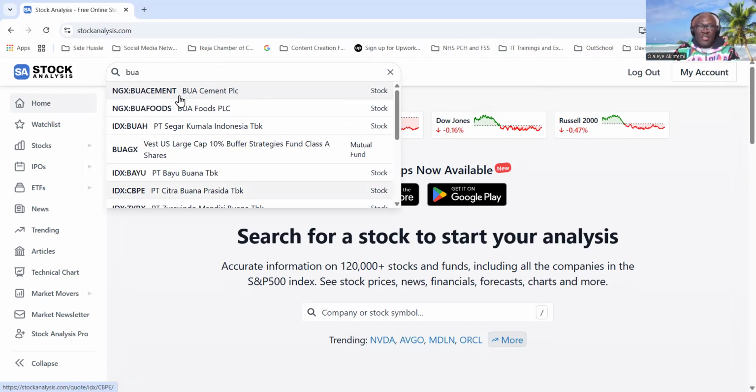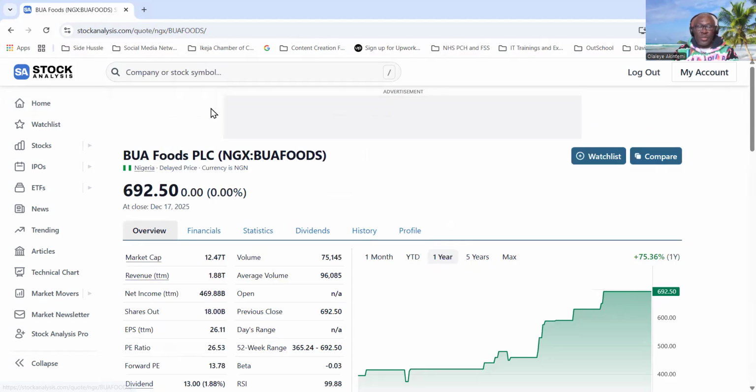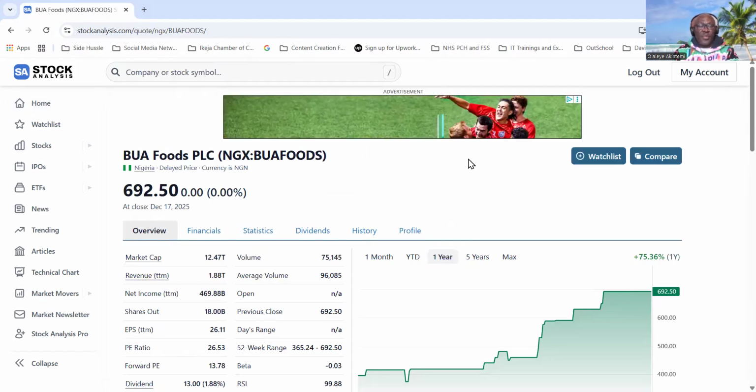So you want to select the one that is preceded by NGX, and then you select the name of your stock. So the one I want to use for now is Boa Food PLC. And you can see it says NGX Boa Food PLC. So you make sure you select the right stock. Okay, I've got Boa Food PLC.